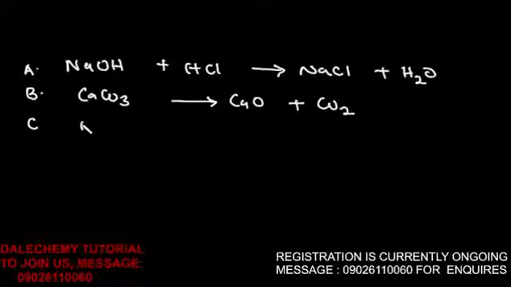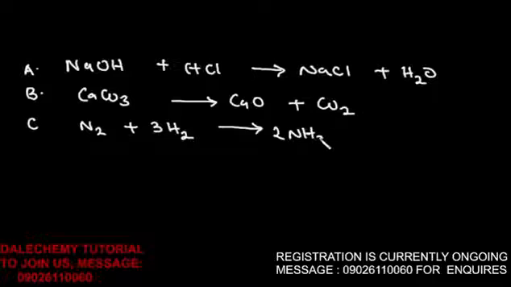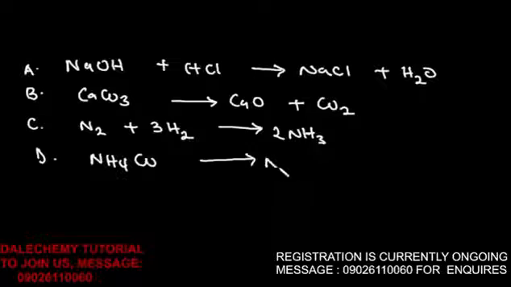Then also we have N2 plus 3H2 to give 2NH3. The state symbols, whether it's gas or liquid, are not really important here, so don't worry about that. Then CO2 plus 2NH3 to give NH2CONH2.